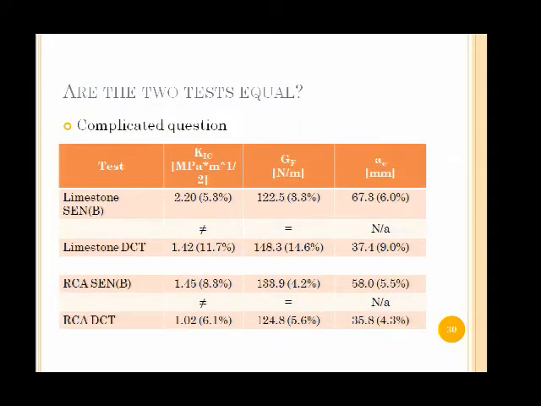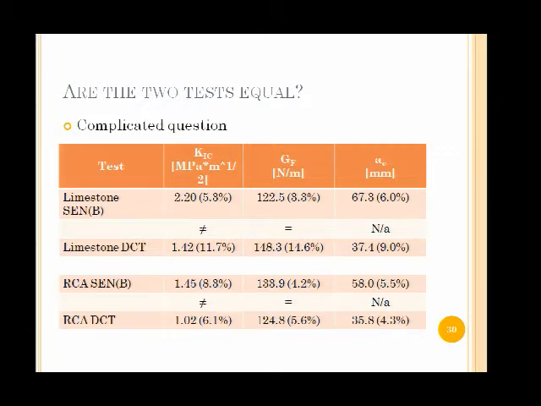Now, the idea was to come up with a test that's equivalent to the beam test. And it didn't quite work out like we thought or were hoping for. When we compare the beam and the DCT data, the number in parentheses is the COV. The fracture energies are statistically the same. We just ran a simple t-test to see if the values were equal.